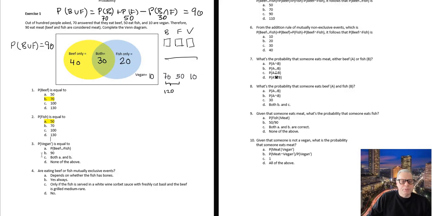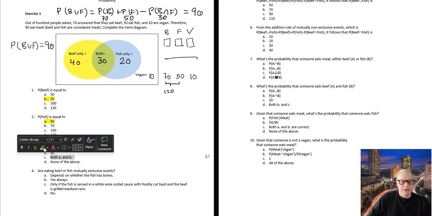So what's the probability that somebody is not a vegan? So vegan prime is somebody's not a vegan. Well, that's the union. So that's definitely it, because the union of beef and fish, that's 90. And it is 90, so both A and B are correct.